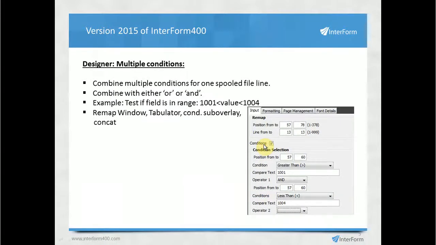We have a couple of important additions to our designer. Previous versions of Interform could only have one condition on each element, and that condition can be like this: greater than, less than, equal, not equal, and so on. But with the 2015 versions, you can actually combine these conditions with up to 4 elements.